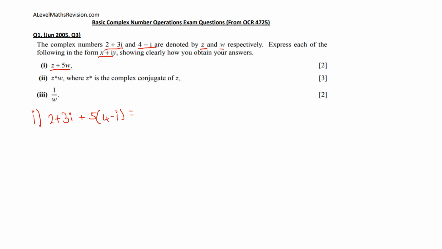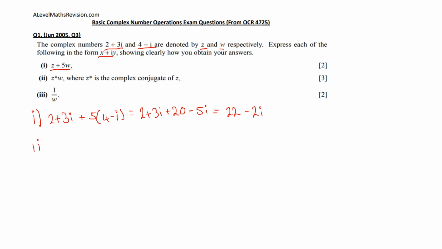It's going to be 2 plus 3i plus 20 minus 5i. If we evaluate that, combine the real parts, which is 22, and then combine the complex parts, so it's going to be minus 2i. That's our answer.